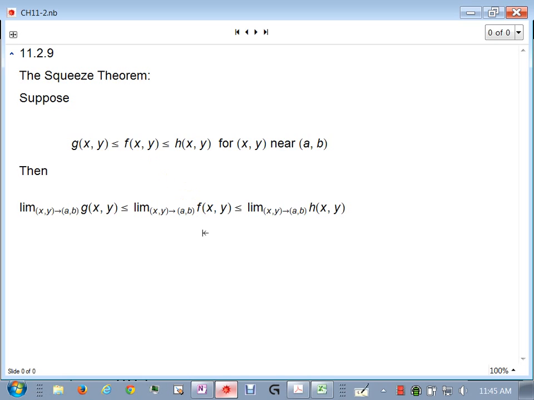If we take the limit of the outer 2 surfaces as we approach (a, b), and they squeeze to something, then the one in the middle must also go there. This is the only way we're ever going to show that a limit exists for sure, because you avoid having to check paths.